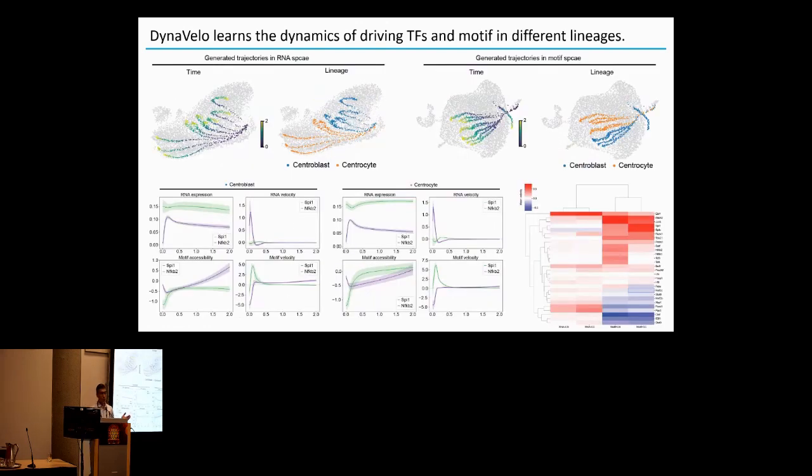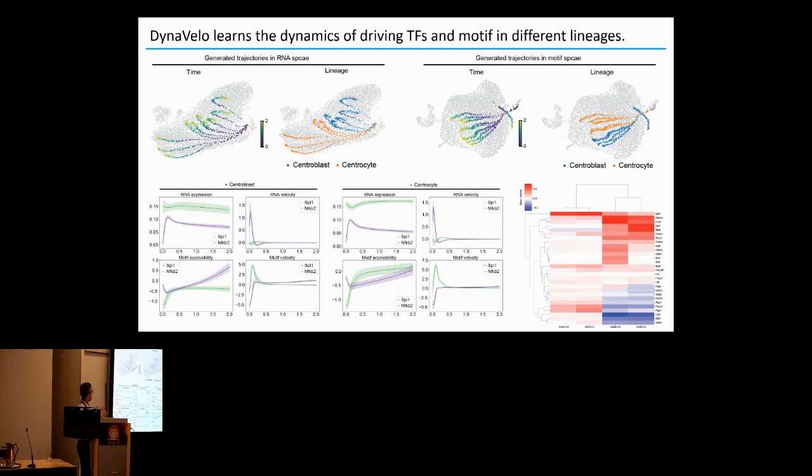So this is a generative model. We can generate the trajectories. Here I'm showing 10 random generated velocities starting from the root cells inside the dark zone. Some of the trajectories are going towards the centrocyte. Some of them recircle back again to the centroblast.